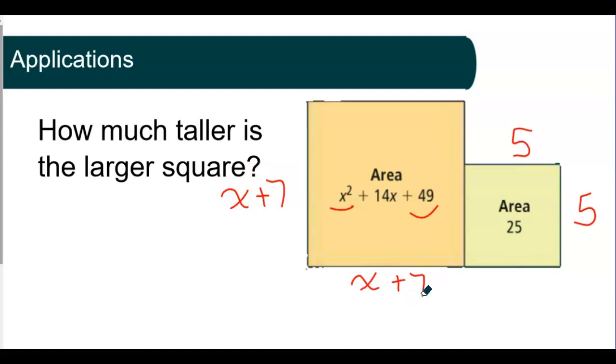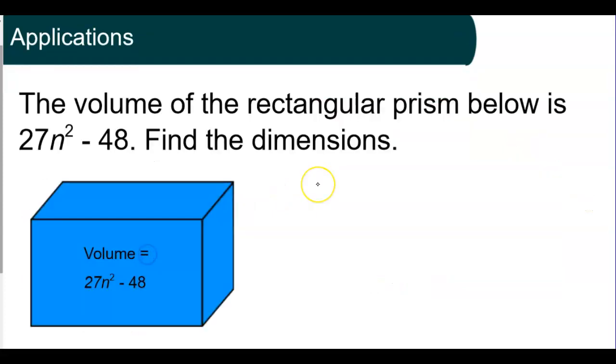So, how much taller is the larger square? The height is x plus 7, and if I subtract 5, the height of the smaller square, it's going to be x plus 2.